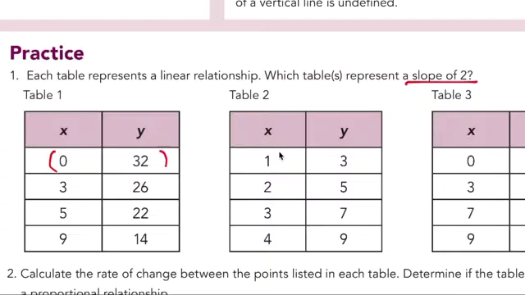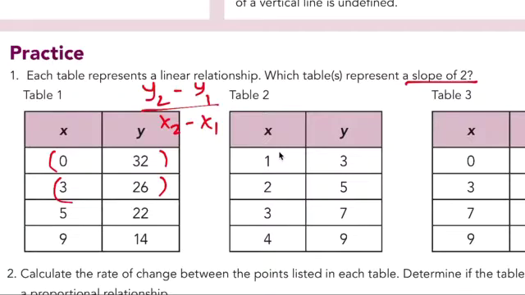Normally I pick the two closest points, 0, 32, and then this is all your x and these are all your y. You find the slope. Slope formula, guys: y sub 2 minus y sub 1 over x sub 2 minus x sub 1. So let's check.